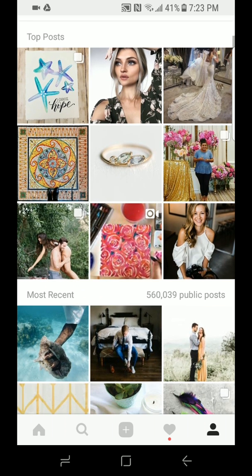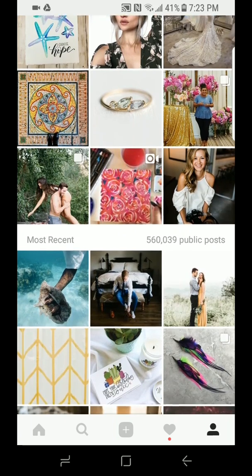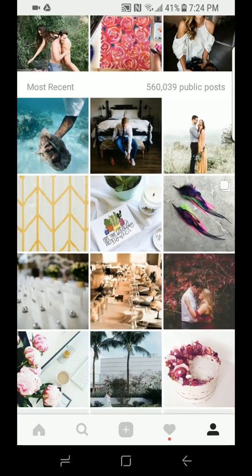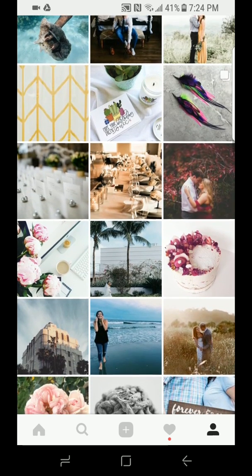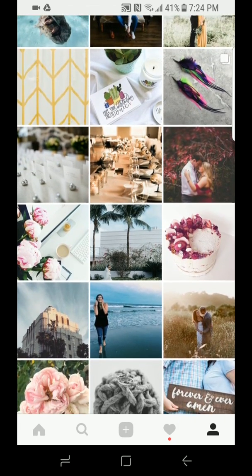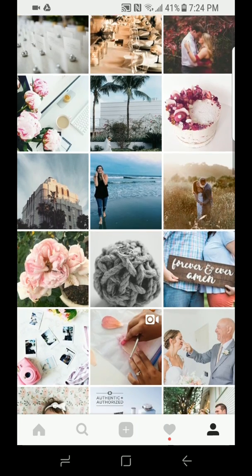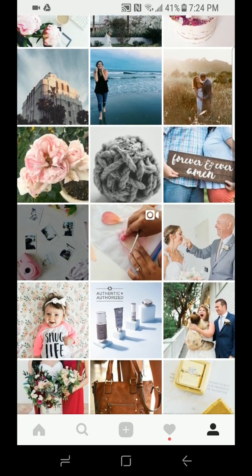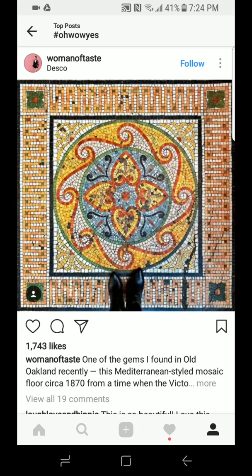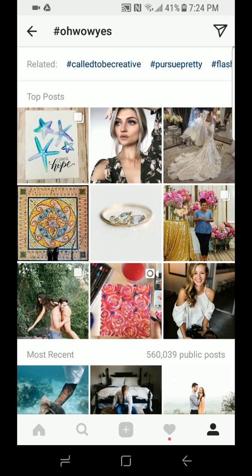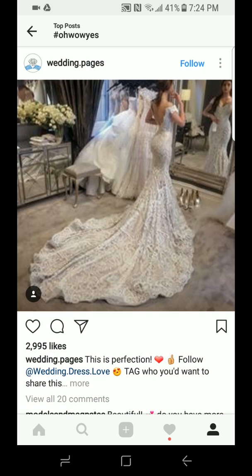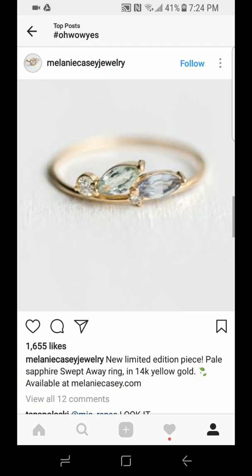We'll see that it's another hashtag with a lot of beautiful imagery that has about 500,000 public posts, and people are using it for all kinds of stunning photography. Let's look at how many likes you need. Here it's almost 2,000 likes, 300 likes, 3,000 likes, 1,600 likes.